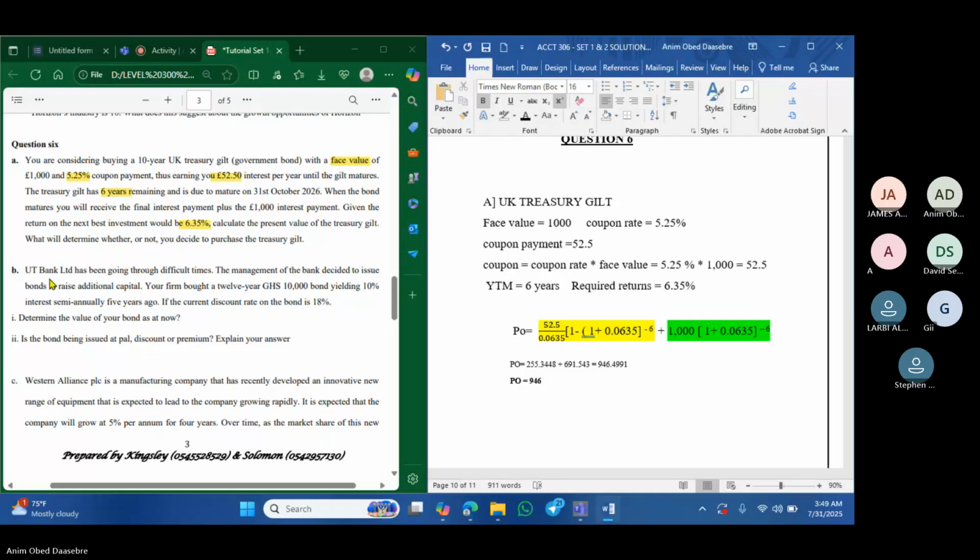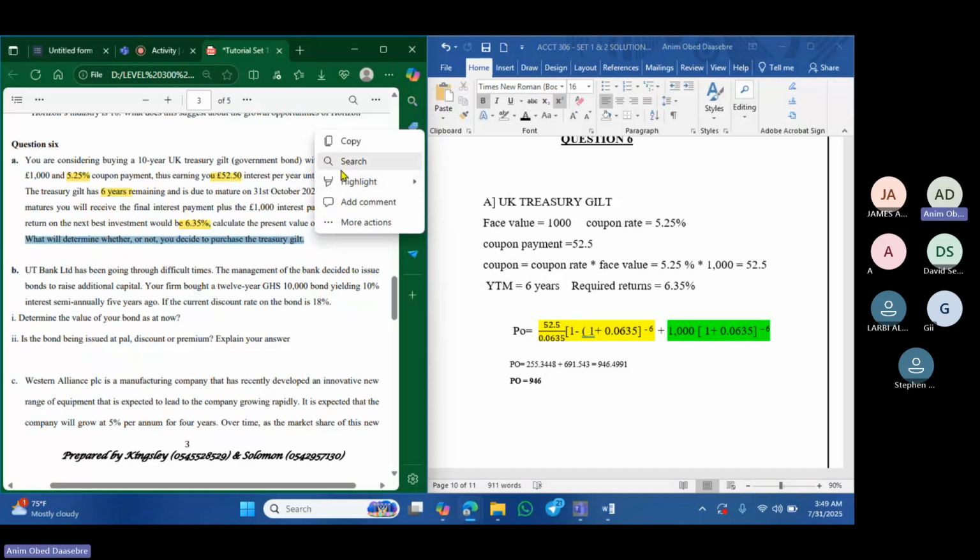So part II of the same question A, they are asking what will inform our decision whether or not to buy the bond. What will determine whether or not to buy the bond? Let's digest this.